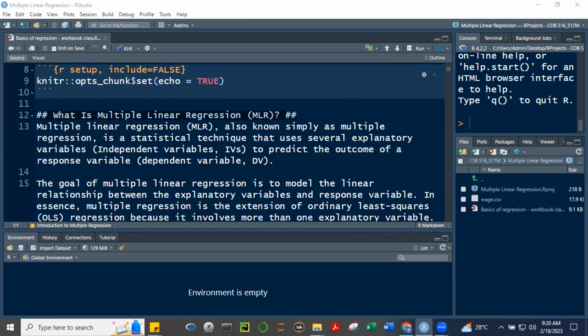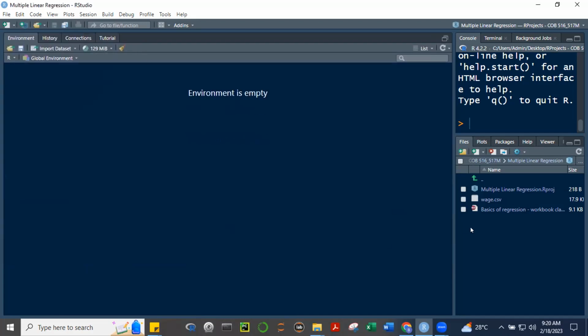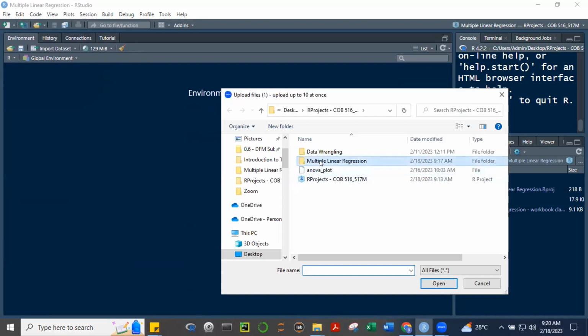All right. Let me send the file again. I cannot send the file if it's open, so let me close the file first.